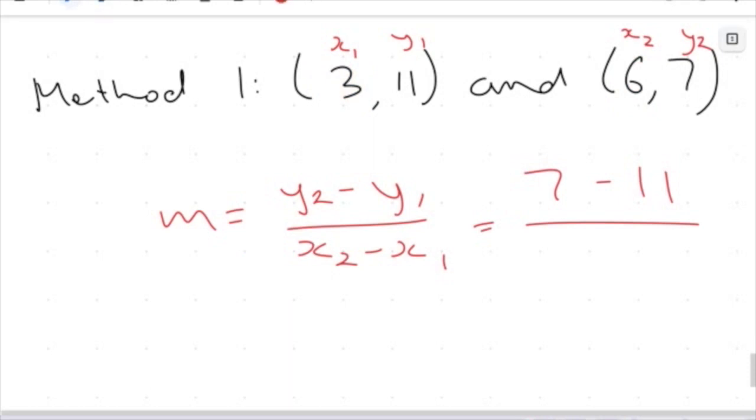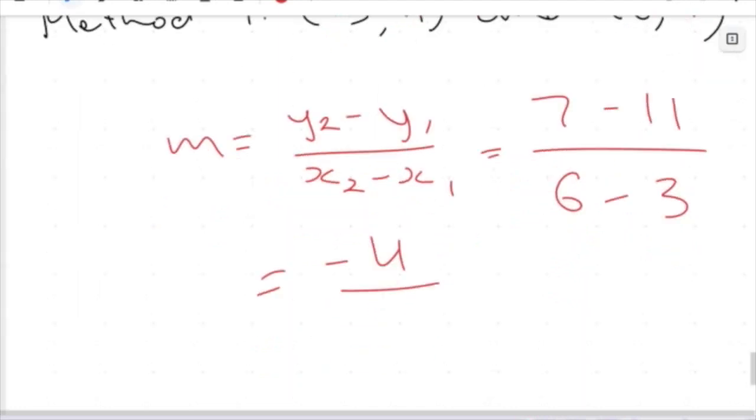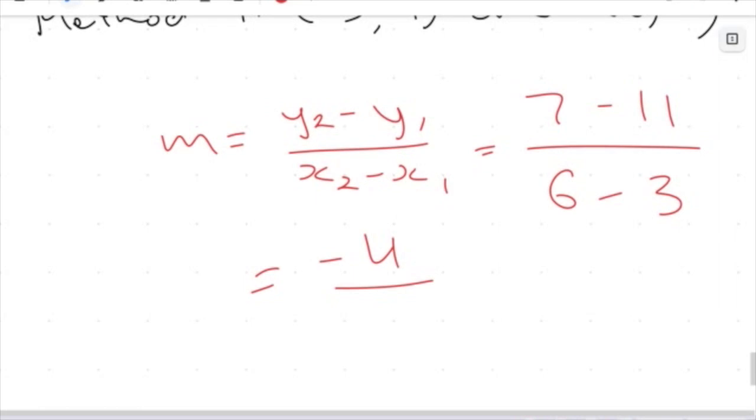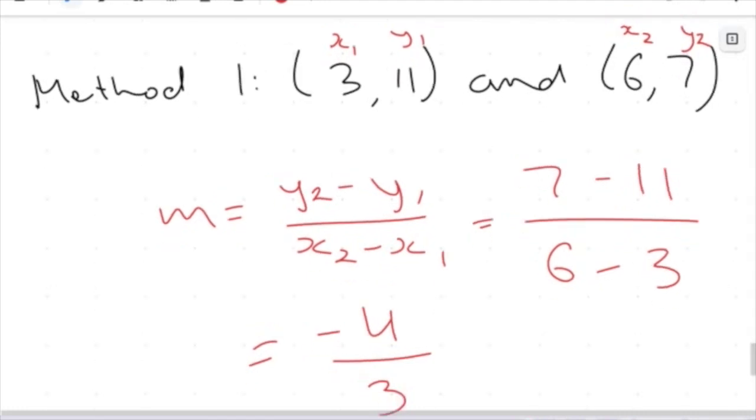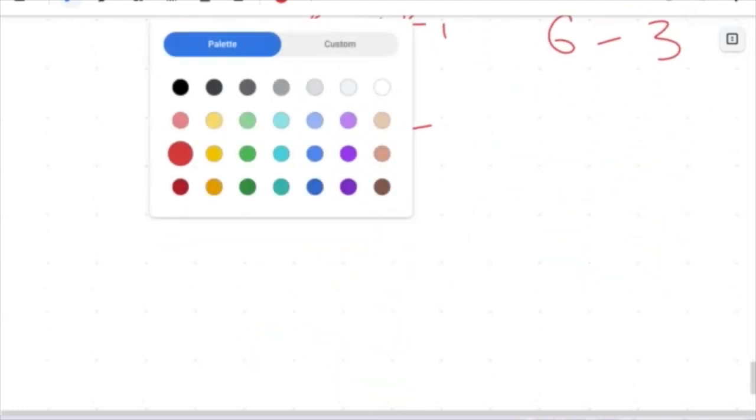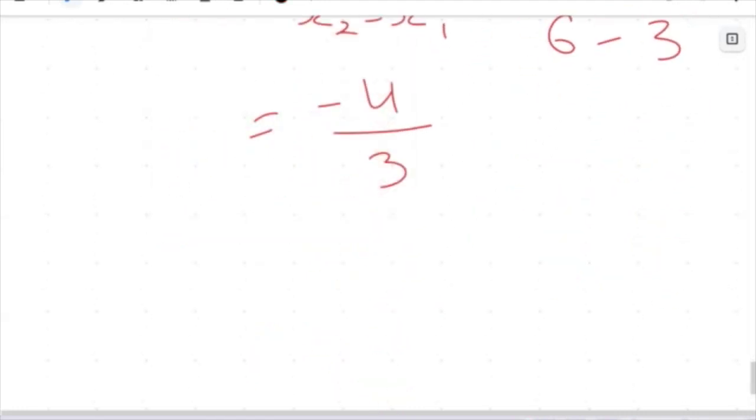So we have to do, for example, here 6 minus 3. We can't do 3 minus 6. The order here matters. So 7 minus 11 is going to give me minus 4. And 6 minus 3 gives me 3.